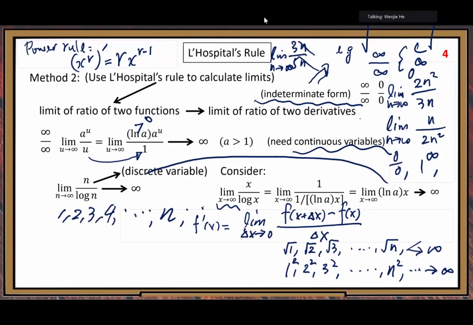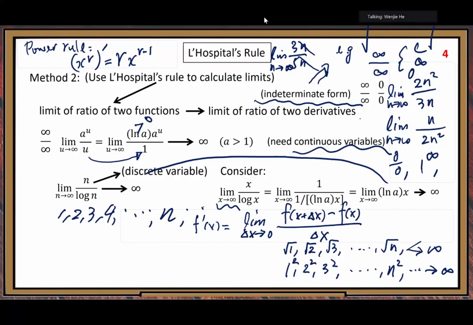But I thought our goal was to go from the discrete variable to the continuous version. From discrete to continuous, right? That's what we need to apply L'Hopital's rule.